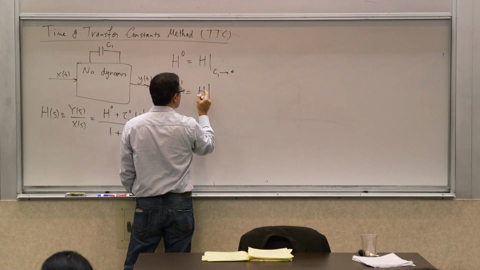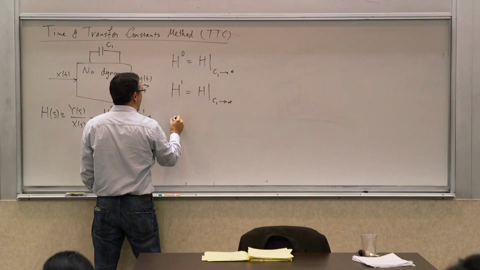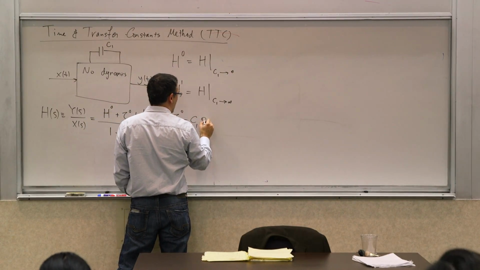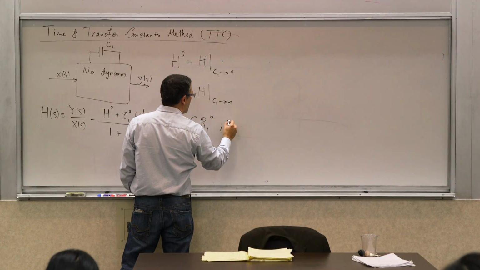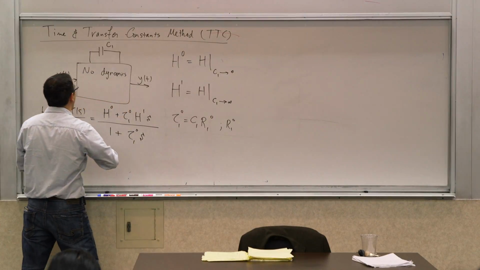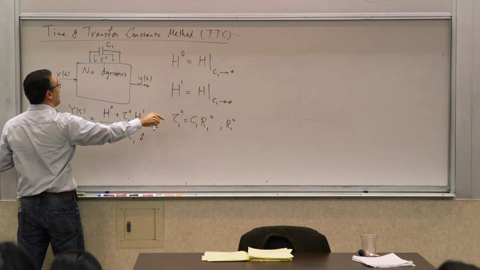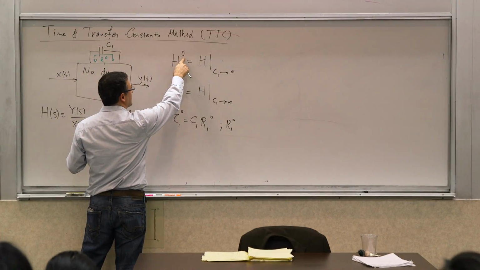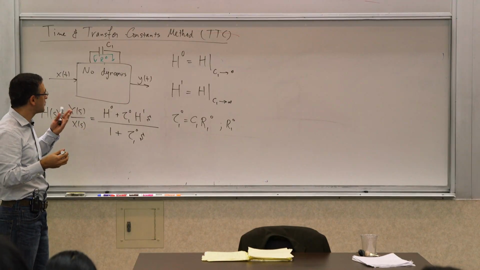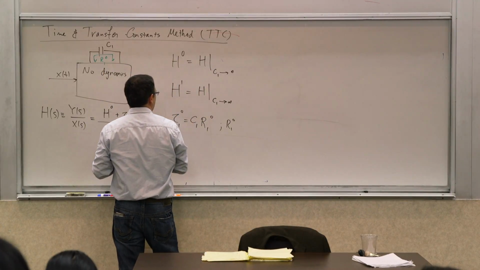These are called transfer constants. And tau 1,0 is C1 times R1,0, where R1,0 is the resistance seen by the capacitor. If you remove the capacitor and look across here, when you null all the independent sources, the 0 also means null all the independent sources, zero value for the sources, this resistance times the capacitor.